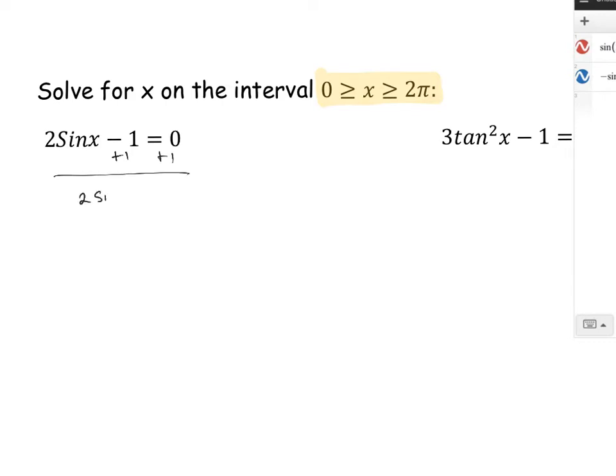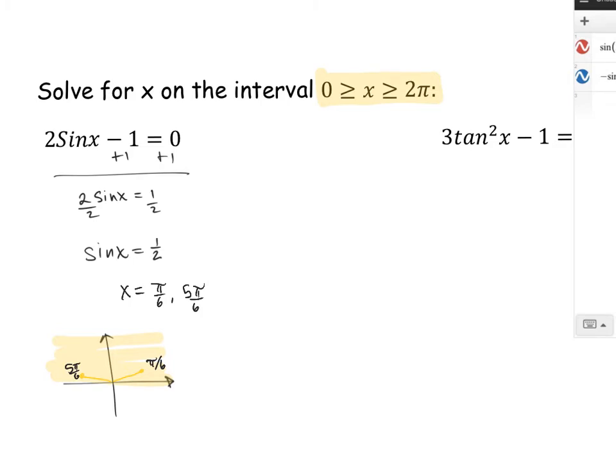So we've got 2 sine of x equals positive 1, and then dividing through by 2, we get sine of x is equal to 1/2, and sine is the y value at terminal points, and the y values are positive up in quadrants 1 and 2, and sine is 1/2 at pi over 6 and 5 pi over 6. So x equals pi over 6 and 5 pi over 6.